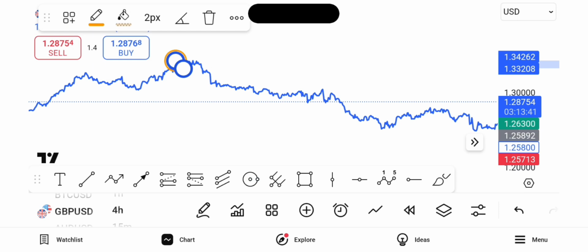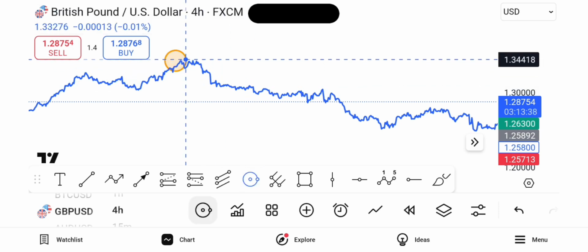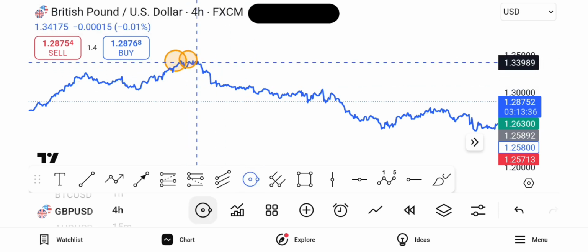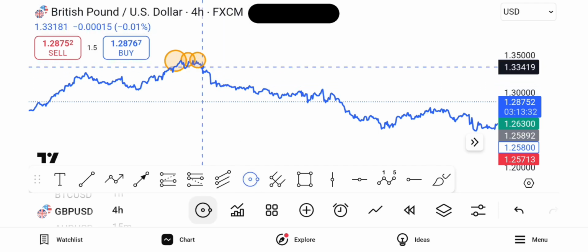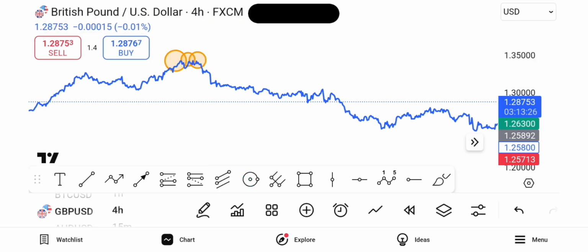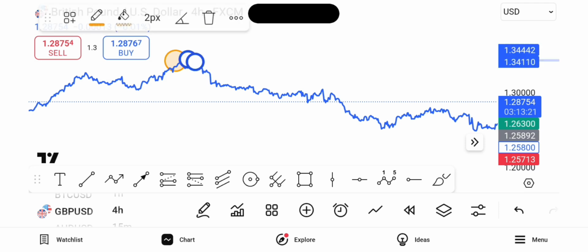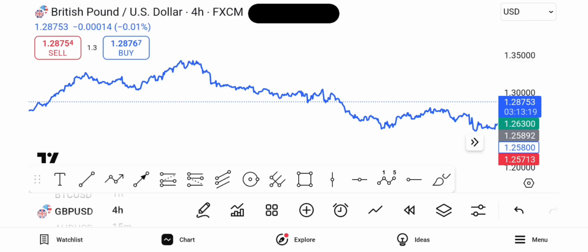That is one, then we have this point, then lastly we have this. So it has been retested several times, and that will be our resistance in the 4 hour time frame. So then let's get back.